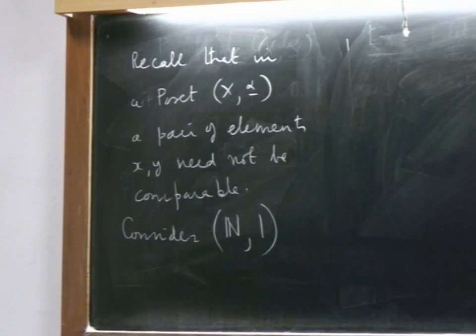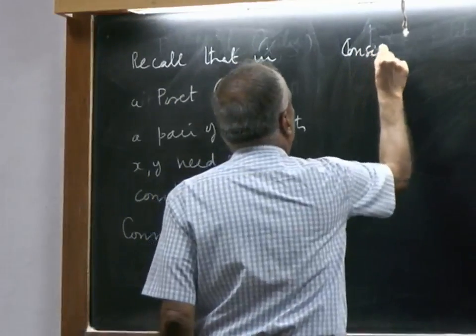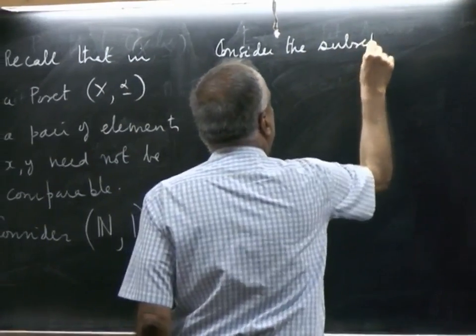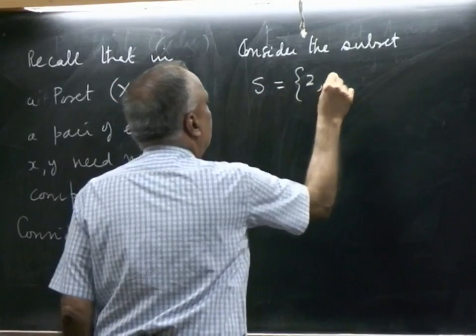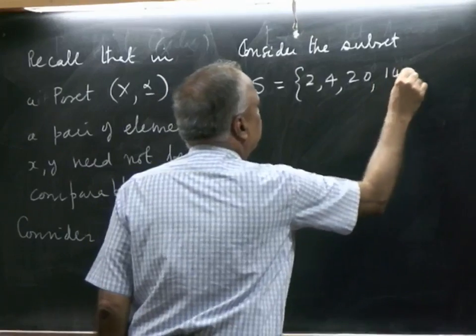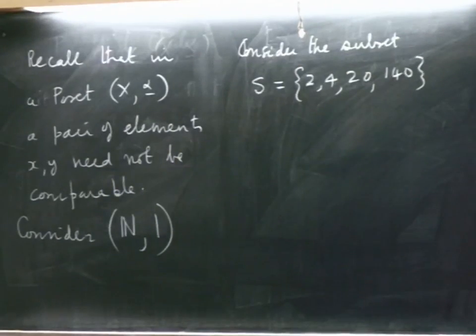In that, you consider the following subset, say 2, 4, 20, 140. Just like that, some subset like that.